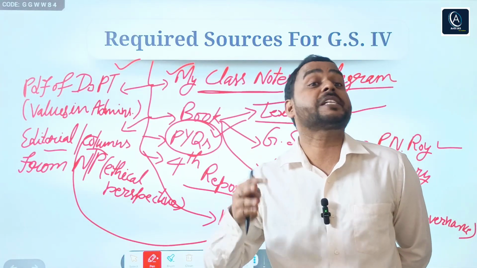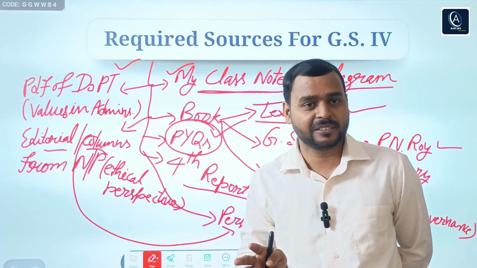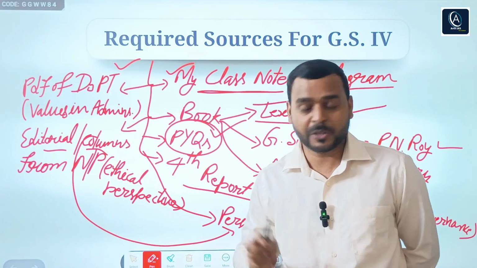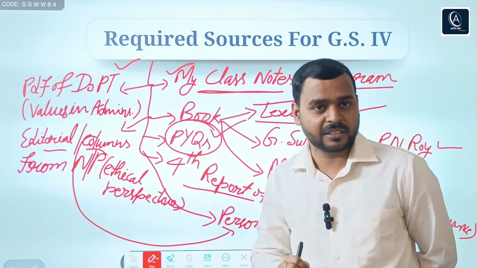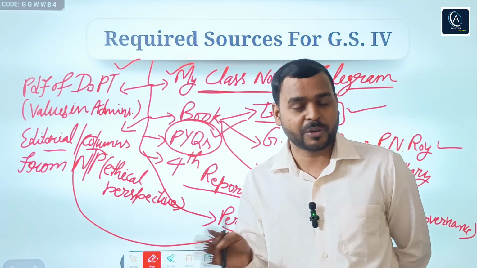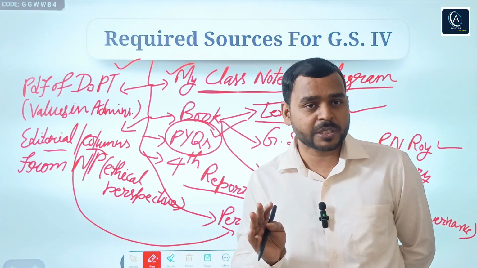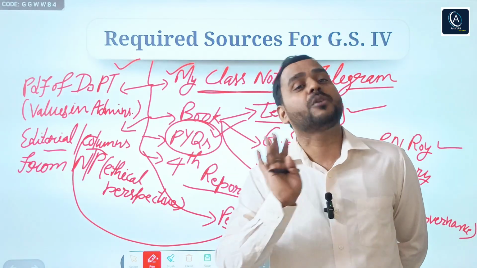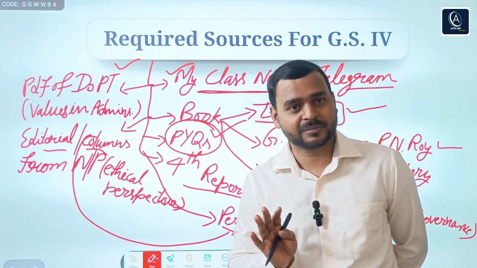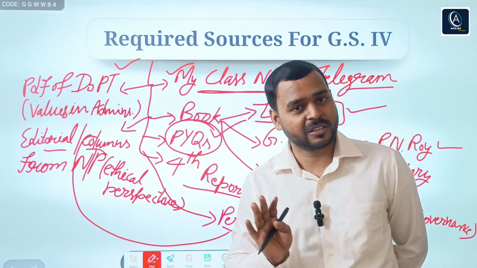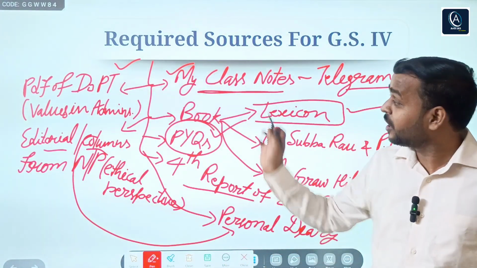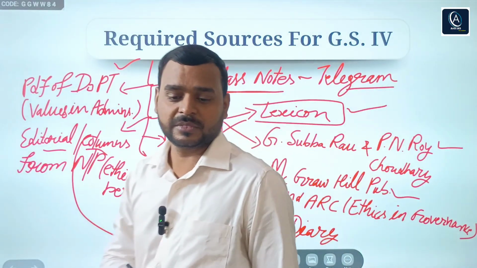Even some topics are repeated, same questions are repeated, because as I said, the syllabus is very limited, but it has wider scope. For example, moral thinkers and philosophers. So many moral thinkers and philosophers in India and the world. So this was all about the required sources for GS paper 4.